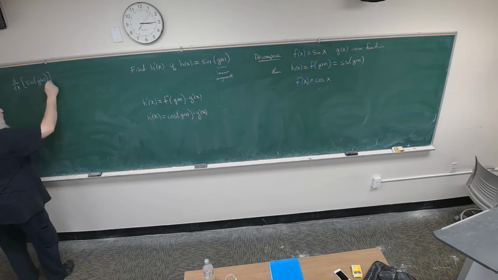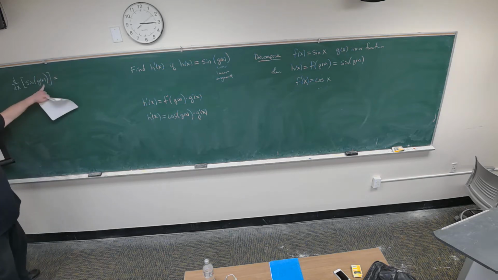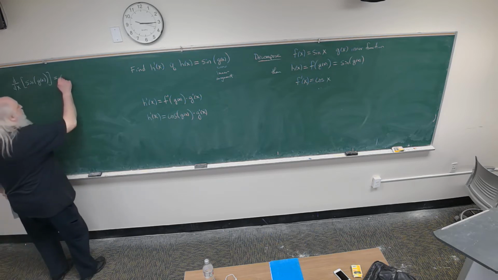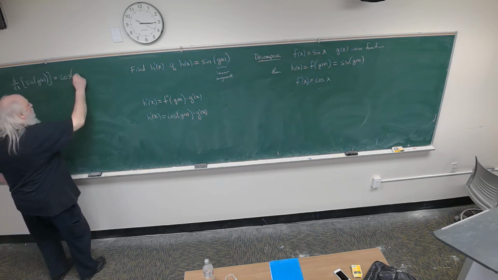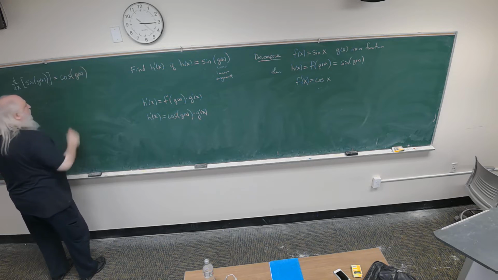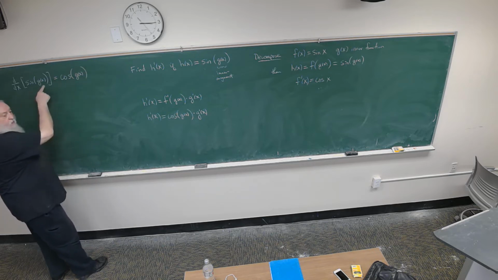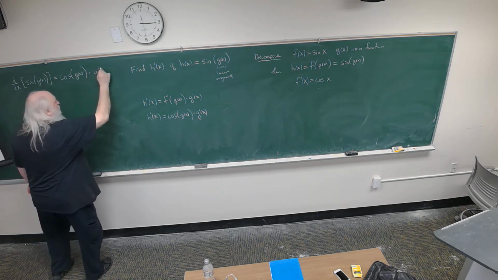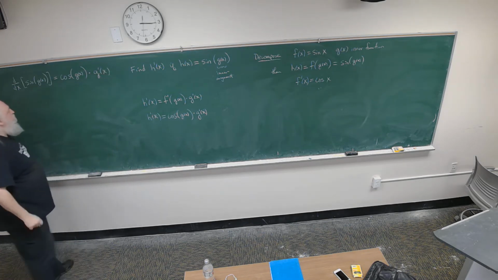Again, g of x is the argument going into the sine function. You take the derivative of the sine function, the outer function. The derivative of sine is cosine. So you have the cosine of the argument, g of x, and then you multiply that by the derivative of g of x.